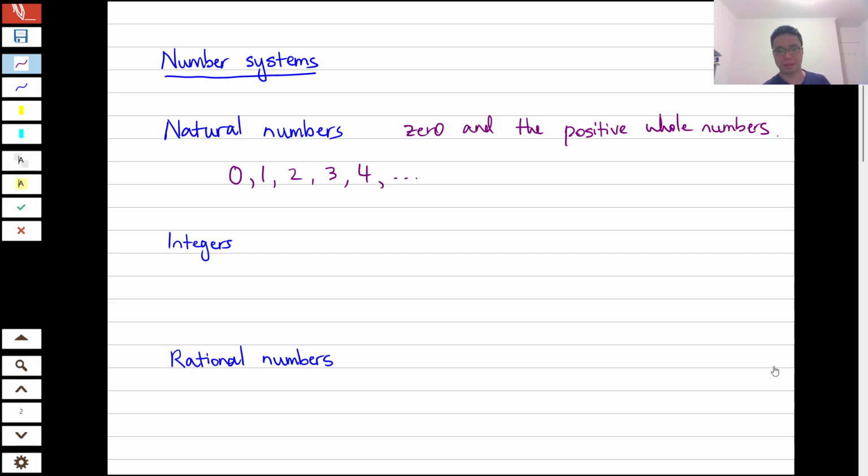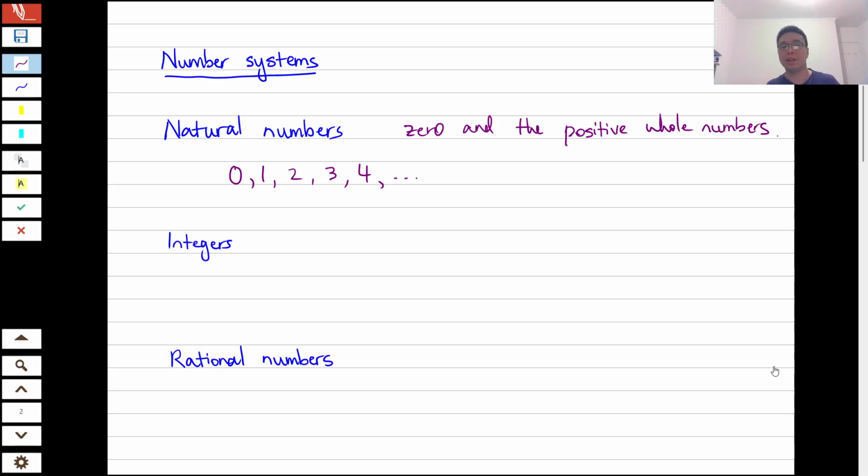Now, think about the maths that you've done over the last 9 years. Are these the only numbers that you've worked with? Now, the answer would be no. You're probably thinking of fractions and decimals, but there are other numbers that you've used as well.